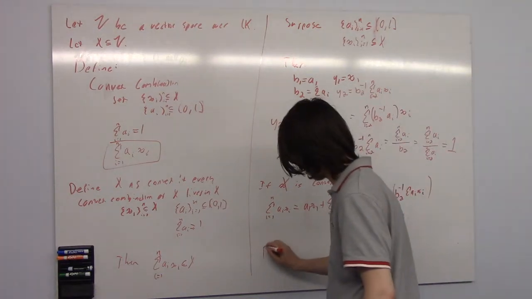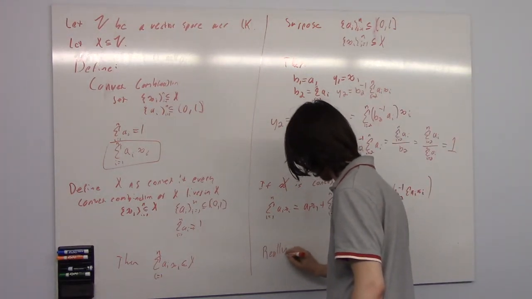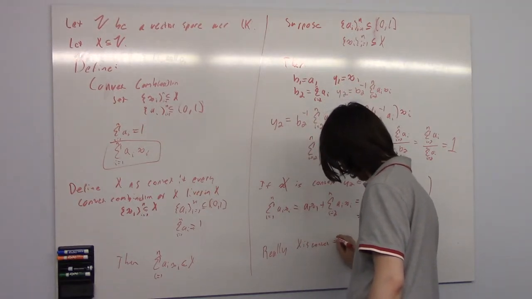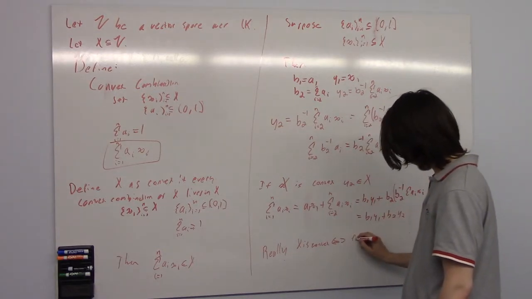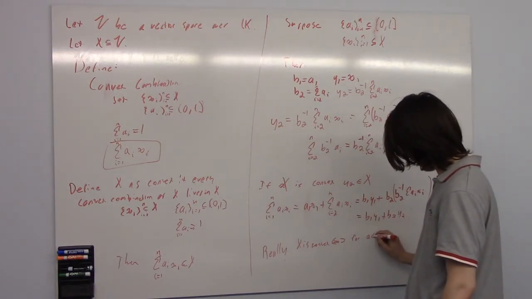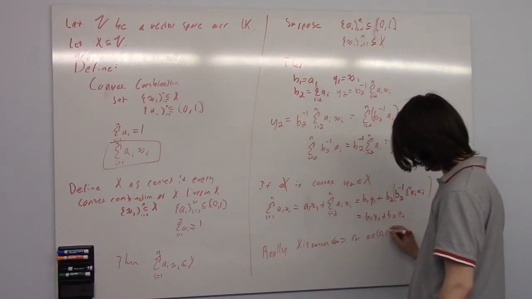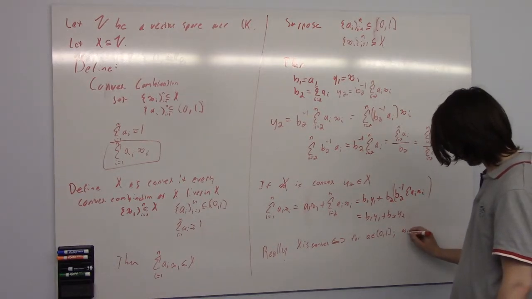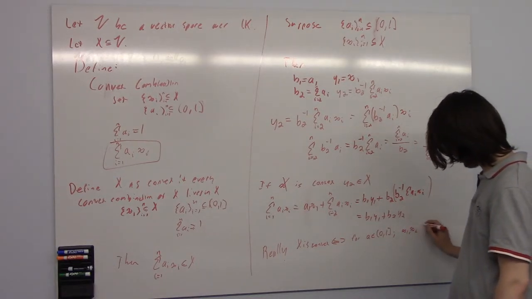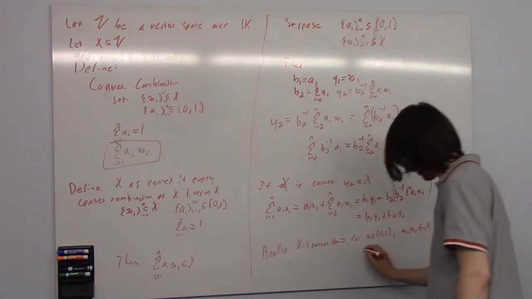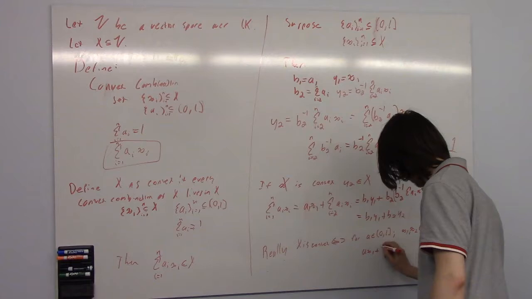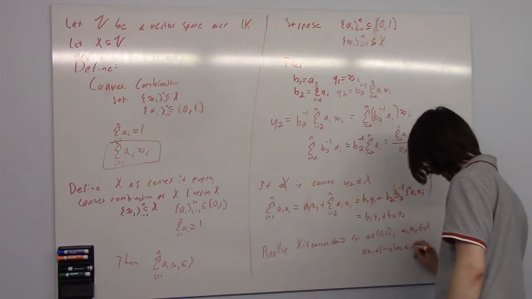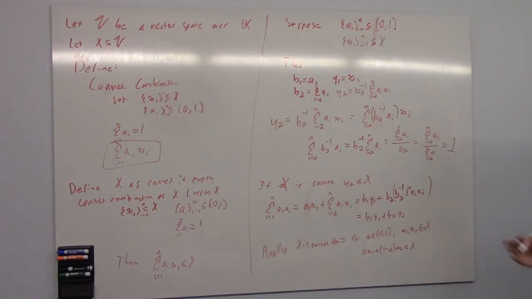So really, X is convex if and only if for a an element of [0, 1], and x1, x2 elements of X, a x1 plus (1 minus a) x2 is still an element in X. We only needed to consider two elements.